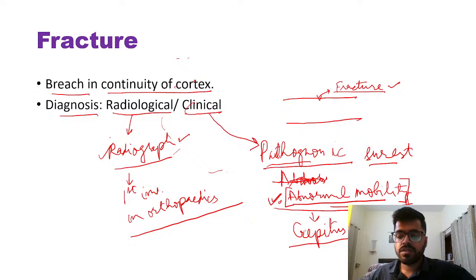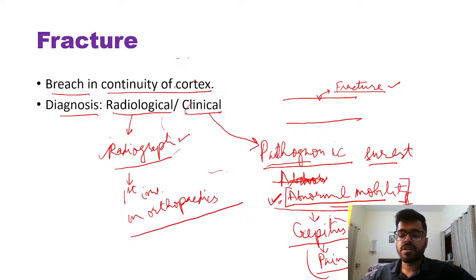But this should not be done. If the patient has a fracture, he'll be in a lot of pain, and eliciting crepitus is not ethically correct, and we should not be doing it because it will cause significant pain to the patient. So it is not done.